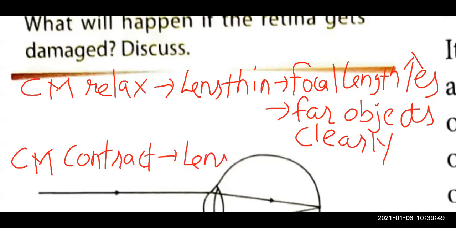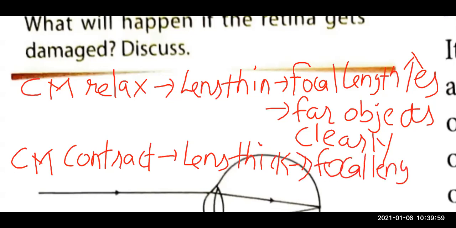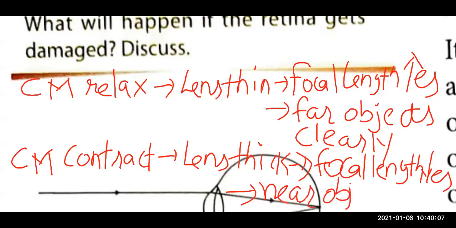The lens will become thick, the focal length decreases, and we are able to see the near objects clearly. Beta, please take a screenshot of this.